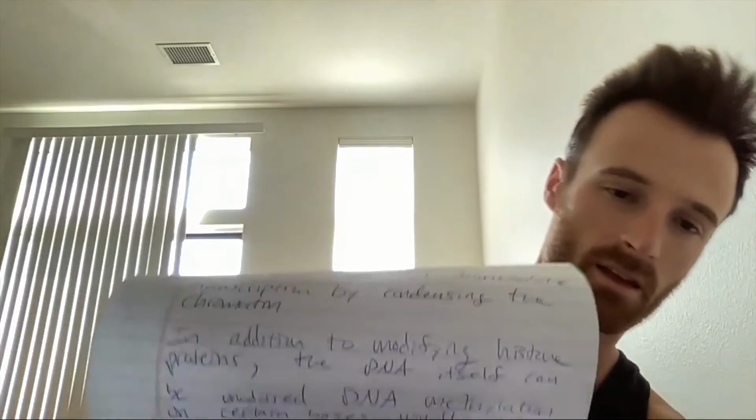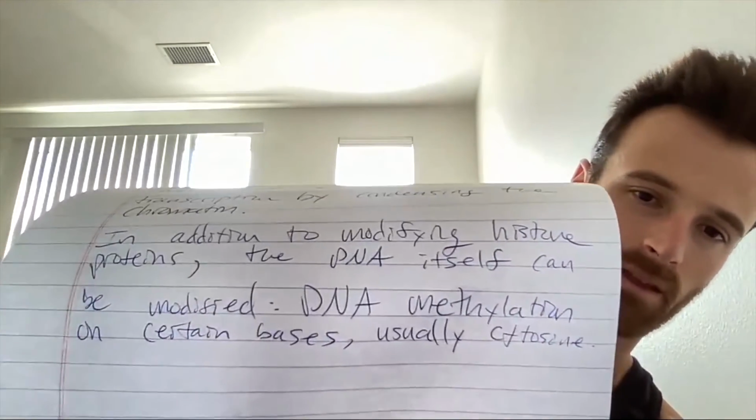And the mechanism we're most familiar with is called DNA methylation. Again, methylating. So whenever you think of methylation, we're actually downregulating transcription. So DNA methylation on certain bases, typically cytosine. I'll write that in as well. Cytosine can be methylated.